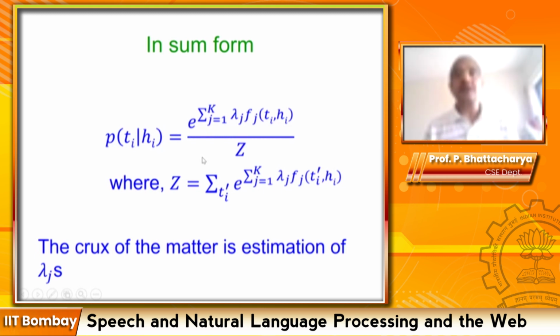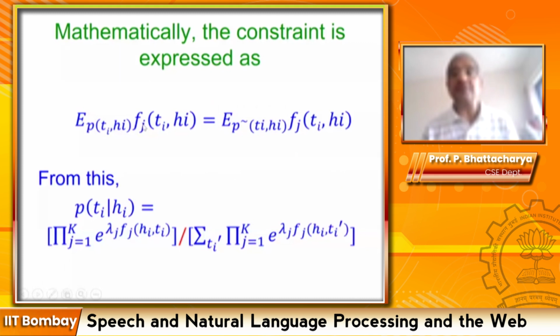The exercise is: show that the probability of Ti given Hi becomes e to the power the sum of weighted features divided by a normalizing factor, if we insist that the entropy is maximized and the model prediction for the expected value of the feature is equal to the empirical value of the expected value of the feature.